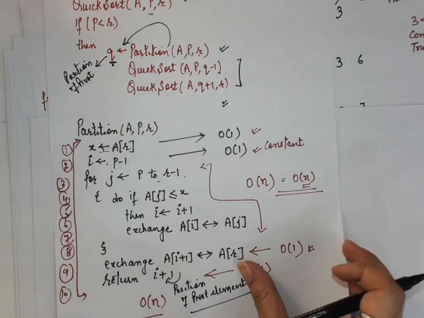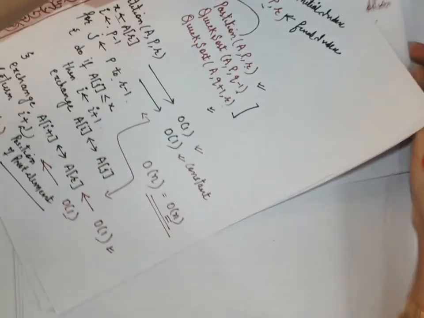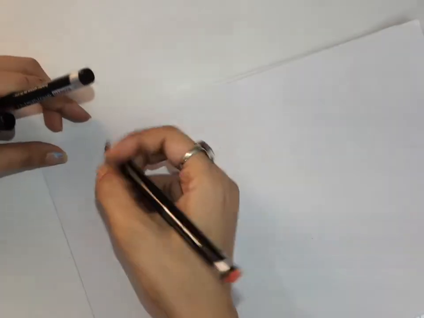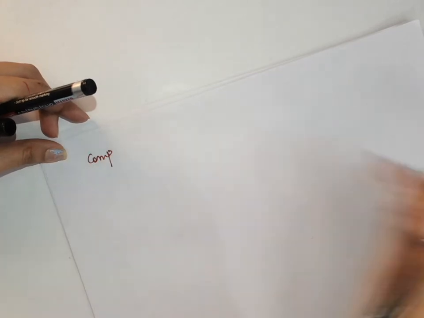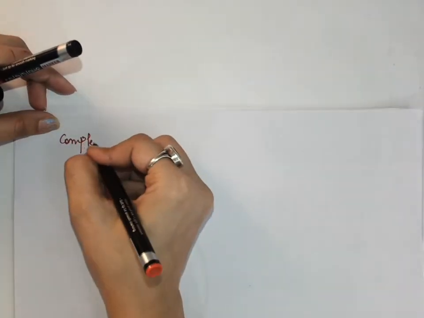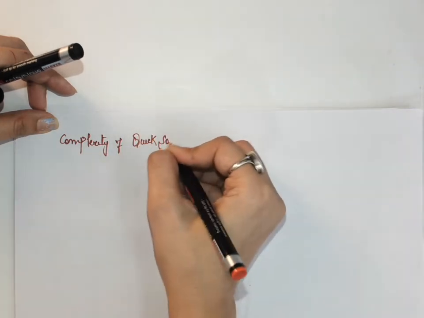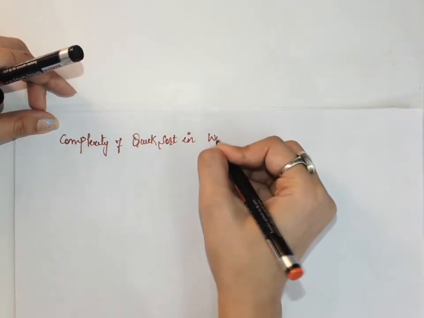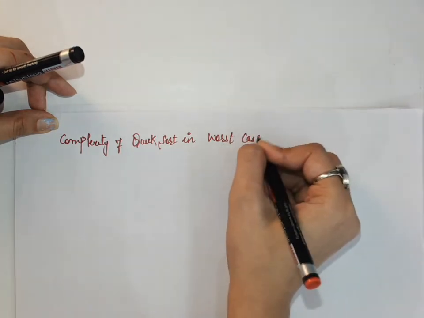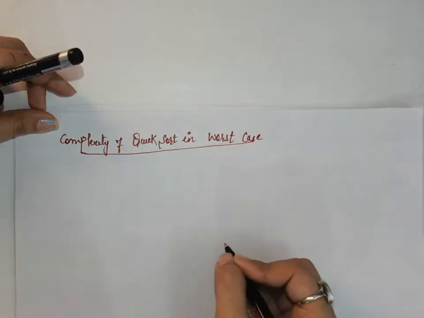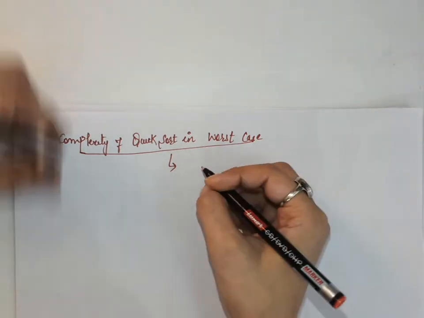Now we see what is the complexity of quicksort in worst case. When will the worst case occur?